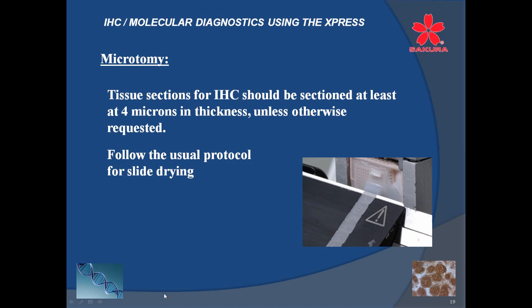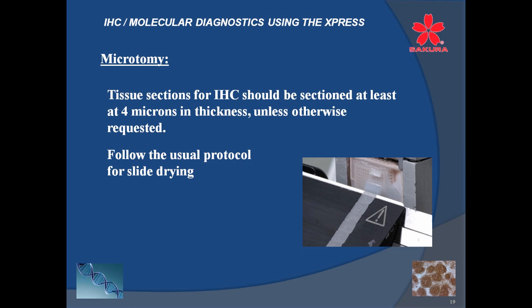Then after they're processed, of course, we're going to embed them, but microtomy for IHC, unless it's requested otherwise, the thickness of the sections on the slide should be about 4 microns. There are exceptions, and there are pathologists that may want them differently, but for the most part, for the surgical world, 4 microns is the standard thickness for the sections.